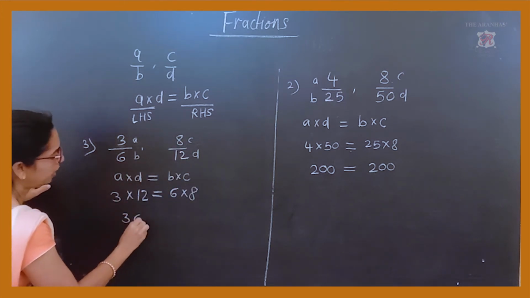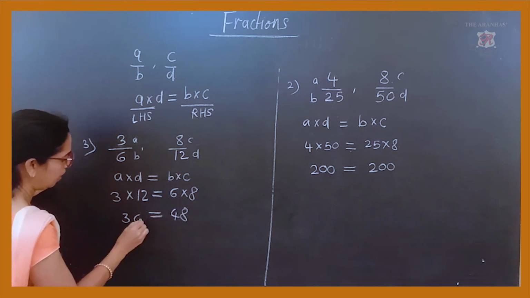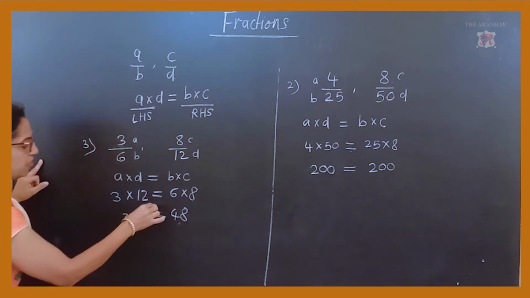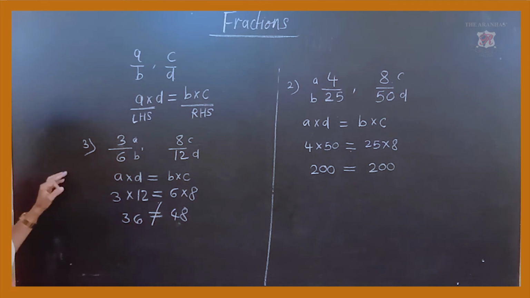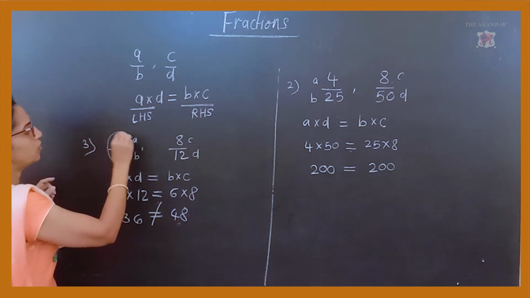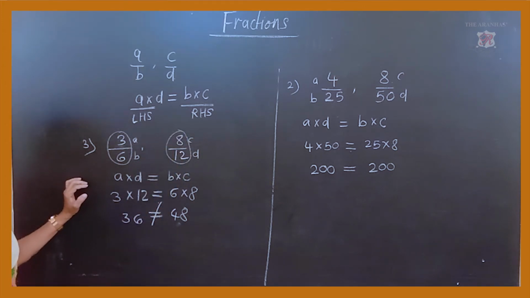So here you will get 36 and 48 as the answers, which are not equal. So you can say the given fractions, 3 upon 6 and 8 upon 12, are not equivalent.